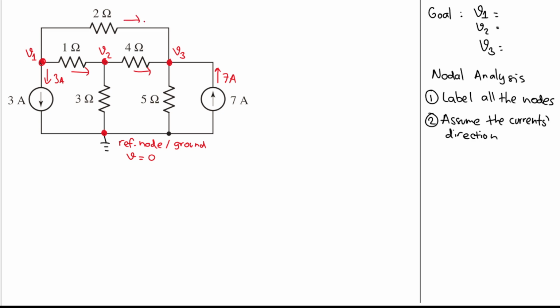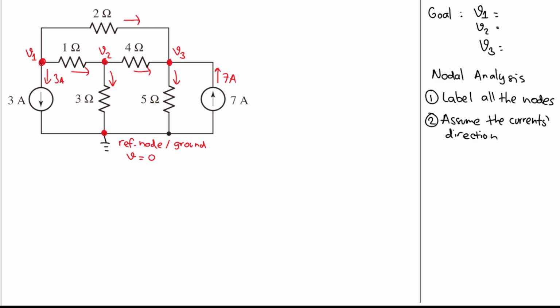But you can also assume it going to the left. It is up to you, but you have to be very consistent in solving this problem, so do not change the direction in the middle of solving. For the vertical components, I usually assume the current is going down, like this. I think we have assumed a direction for all the branches, and there is nothing left.